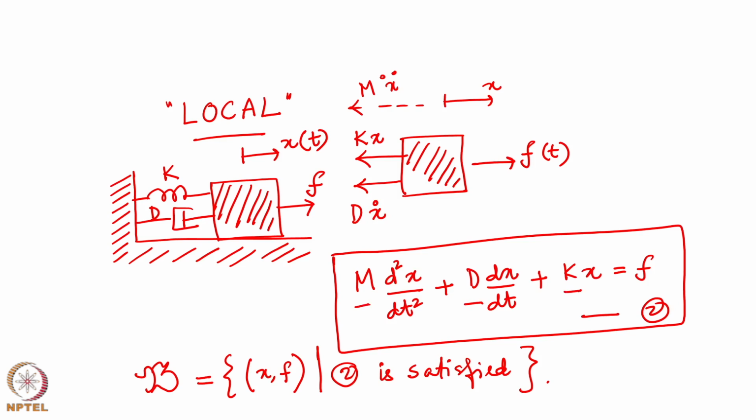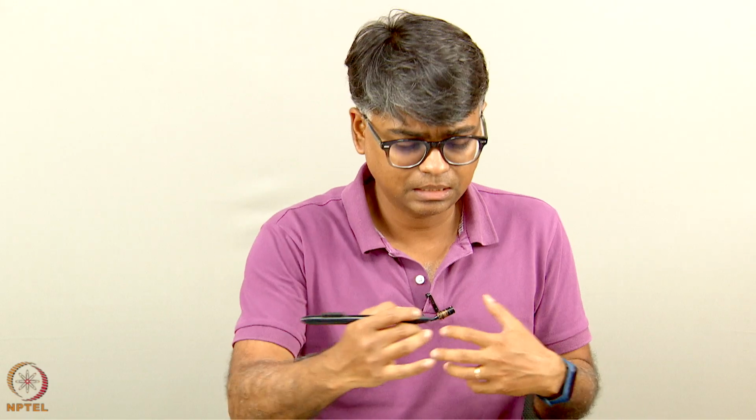Now, if you have a more complicated structure which has multiple springs, multiple masses connected through some interconnection, what will happen in that case is that you will have a system of such differential equations.